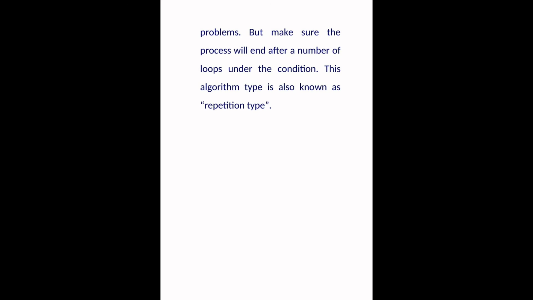Loop type algorithm is also known as repetition type. In a loop type algorithm, the condition is repeated several times. That is called a loop. After the condition is repeated several times, there are several loops. After the process of all loops ends, the result will be given.